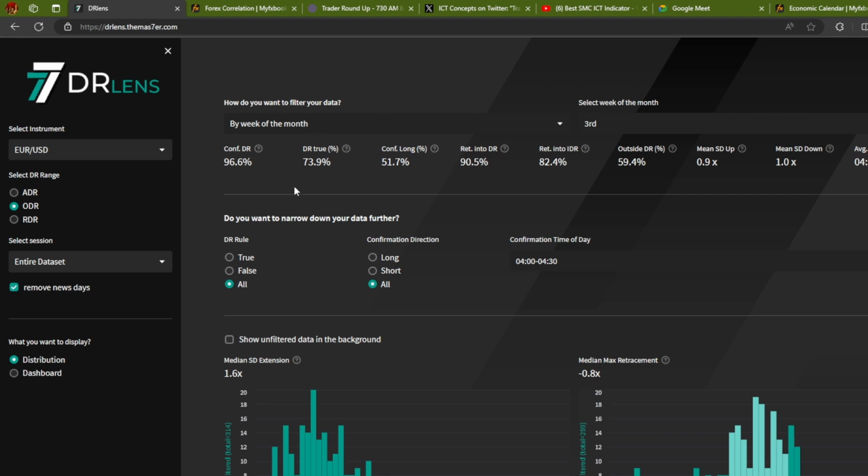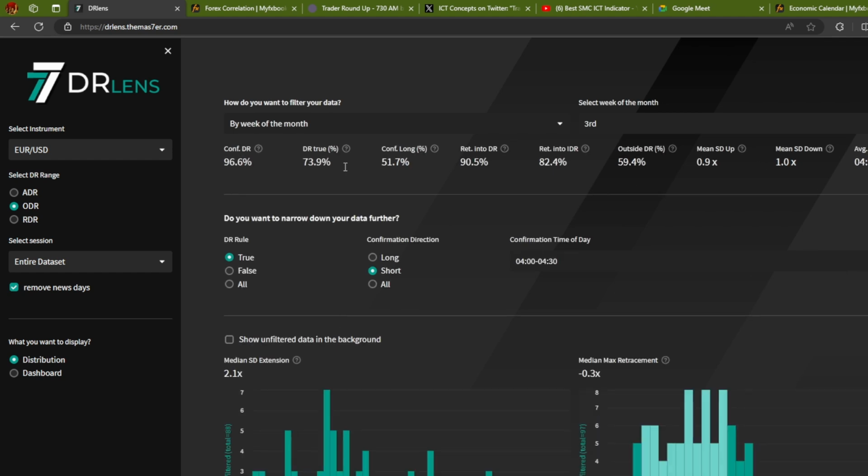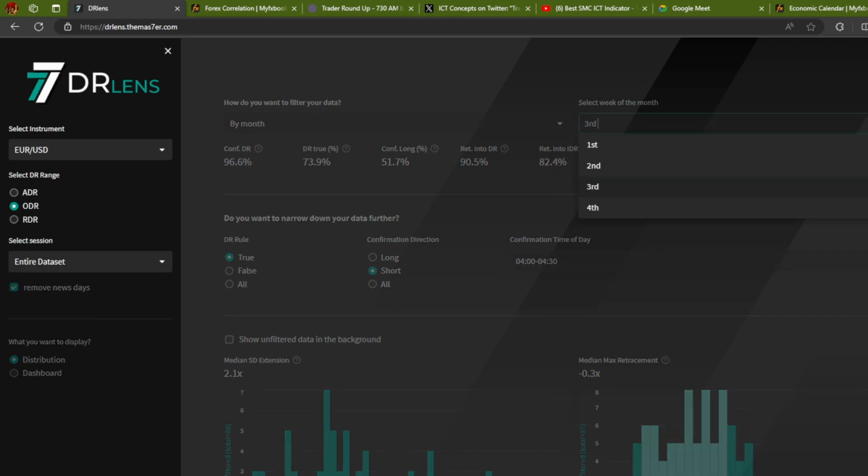So the third week we got a 73%. We got a true false. That's not going to change this data. We're still just looking at this top. I don't really need to mess around with this. So week of the month, 73% accuracy. It's not bad.